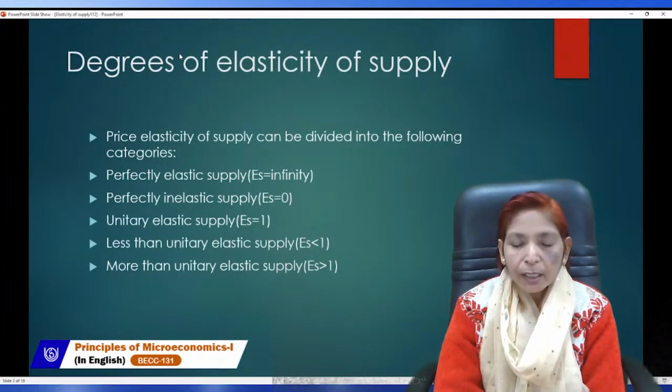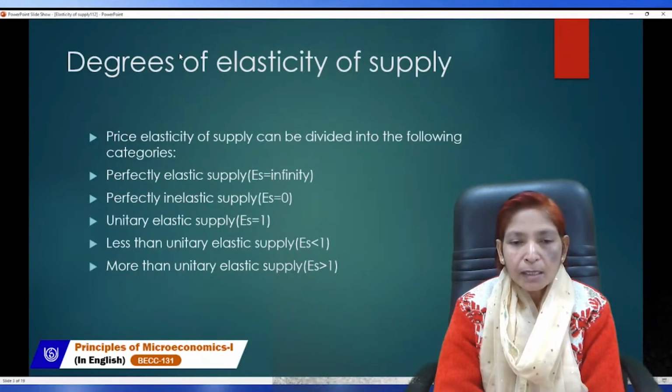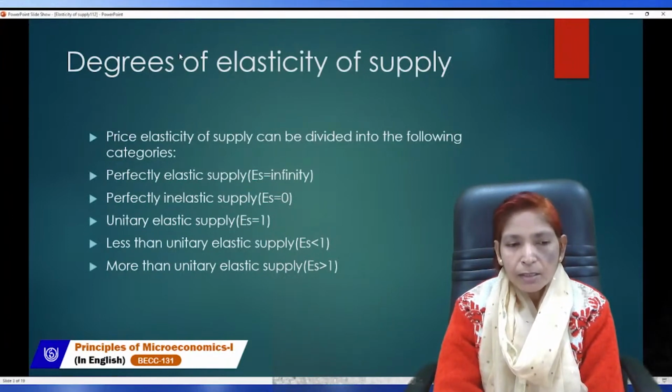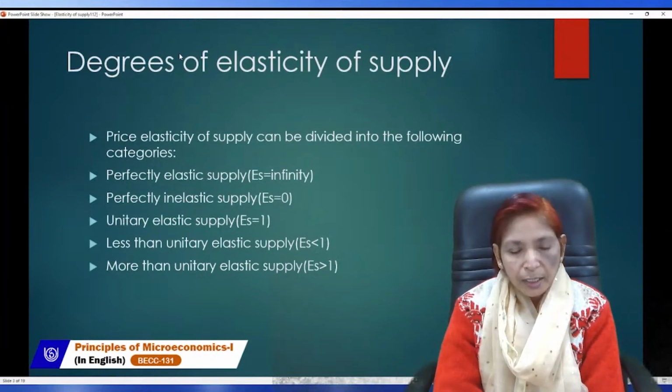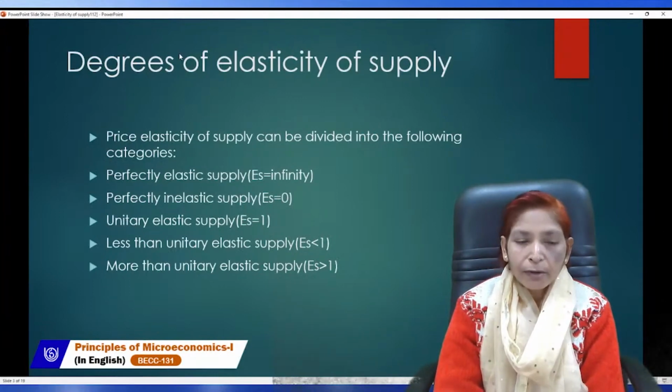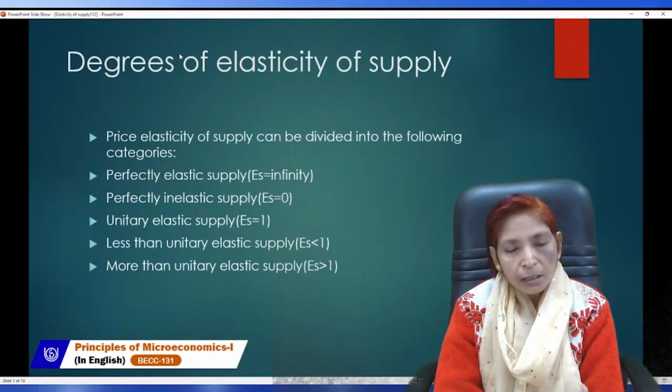Next is less than unitary elastic supply. In this case, ES will be less than 1. Less than unitary elastic supply refers to the case when the percentage change in quantity supplied is less than the percentage change in price. And if there is more than unitary elastic supply, it refers to when the percentage change in quantity supplied is more than the percentage change in price.